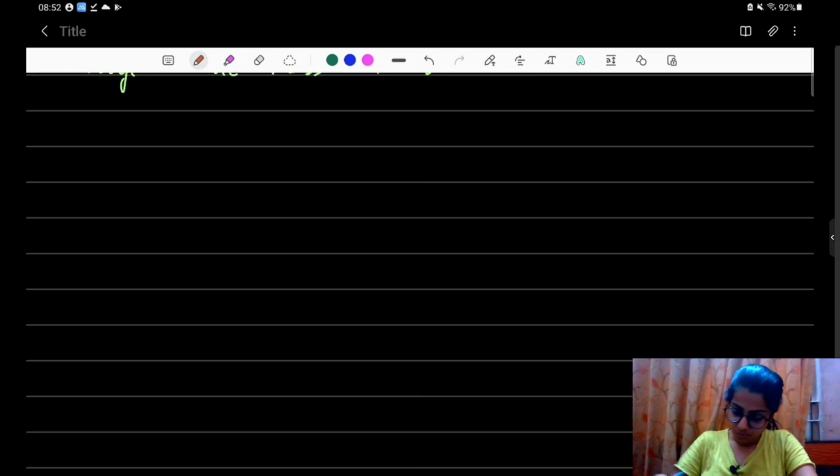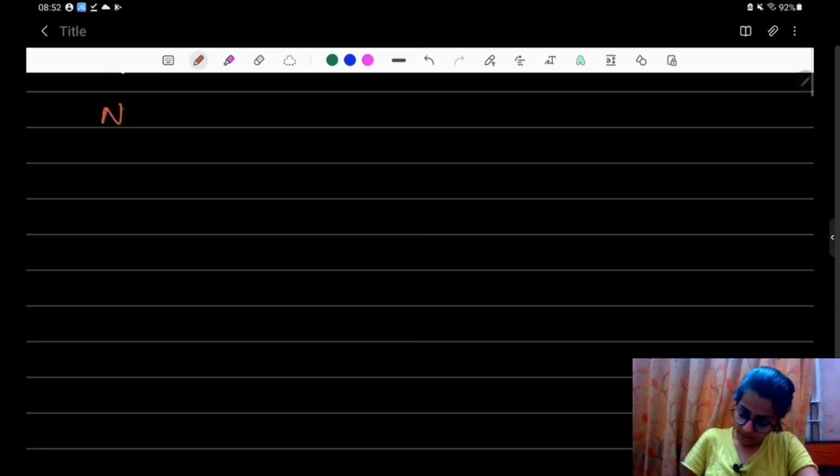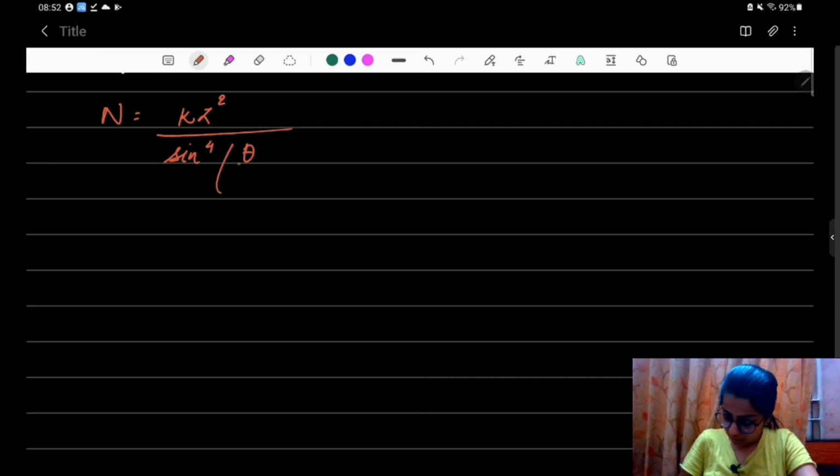So in this equation, n is equal to kz square upon sine raised to 4 theta by 2.